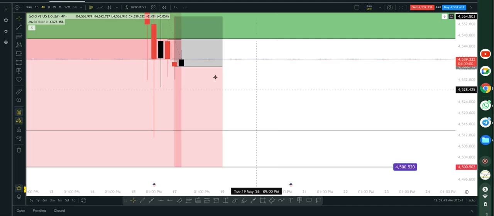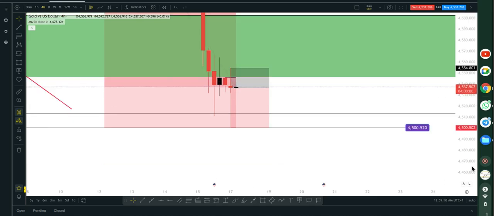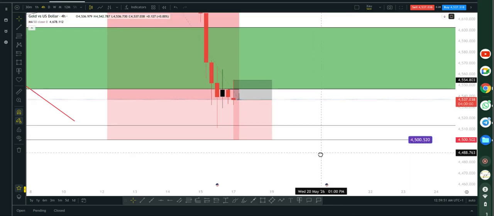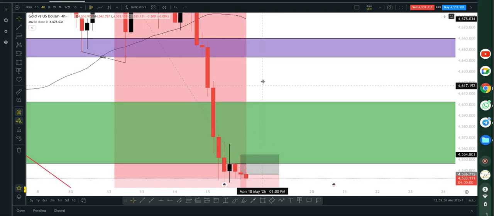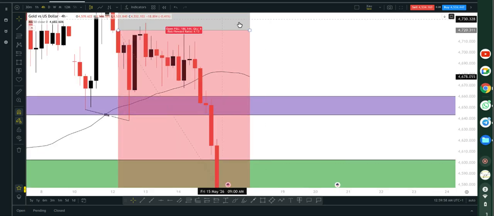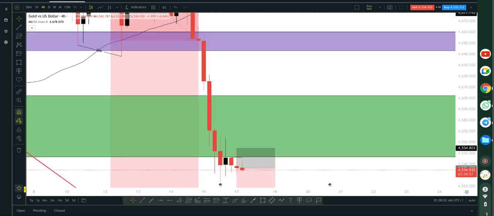This is an area to sell, so let me reduce this here so that I can see. Yeah, so what do we have?